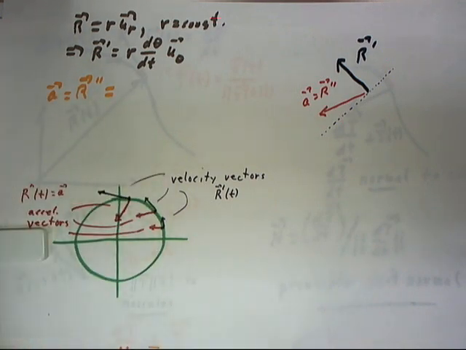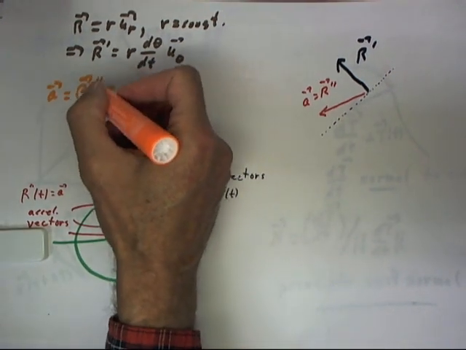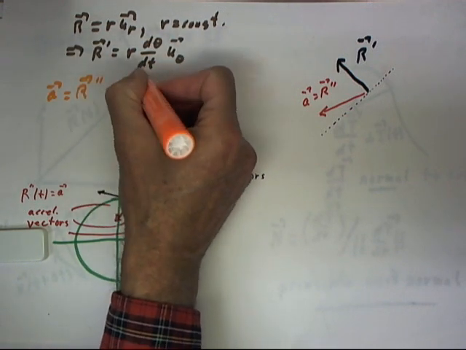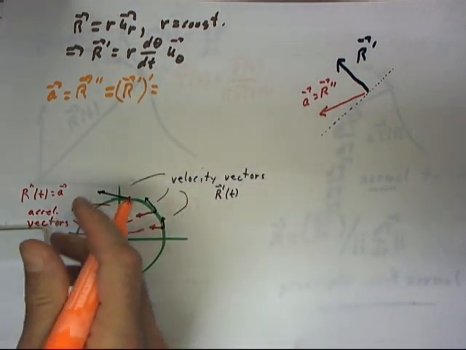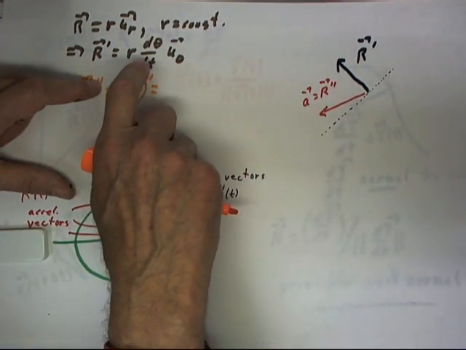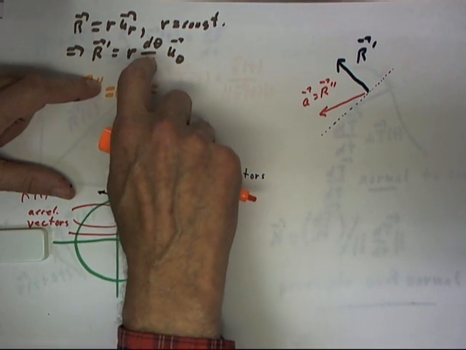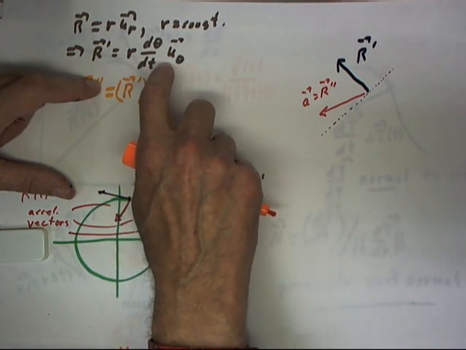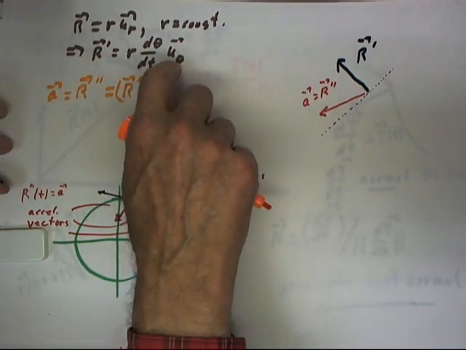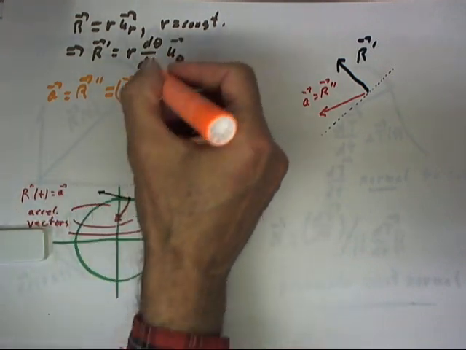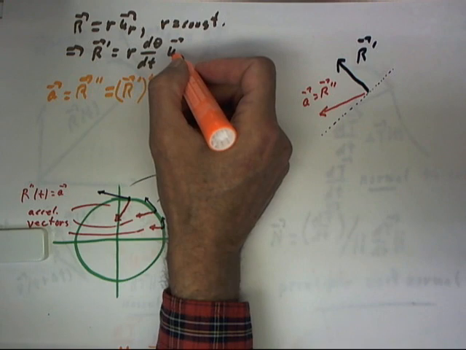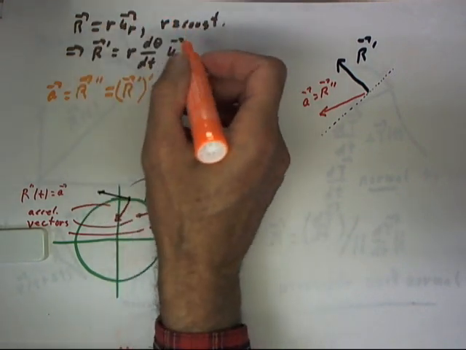So the acceleration function is r double prime, and that's going to be the derivative of the r prime function. And the r prime function consists of a constant r multiplied by d theta dt, which is a function of t, multiplied by u theta, which is also a function of t, because as t changes, the orientation of our r vector, and therefore of our u sub theta vector, is going to change.